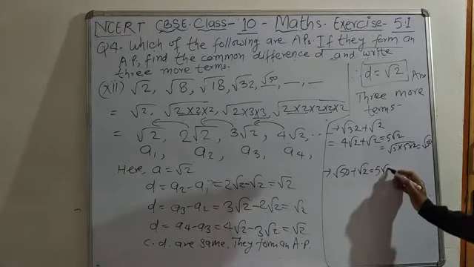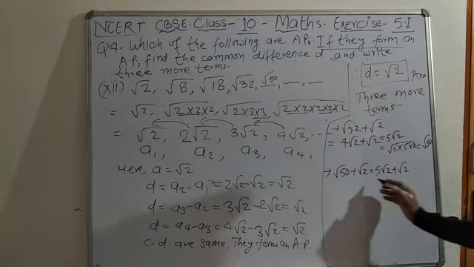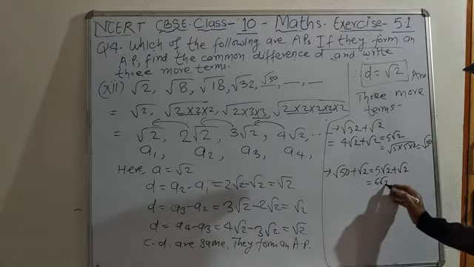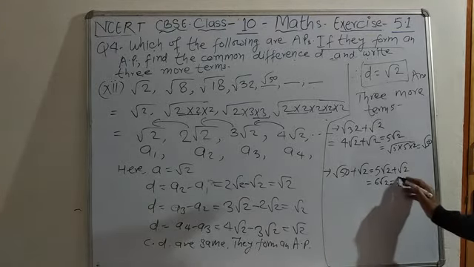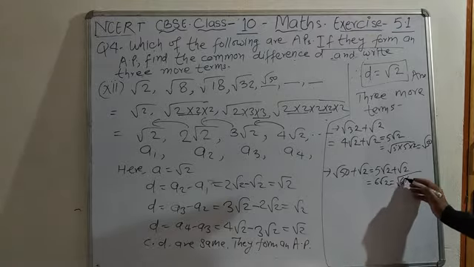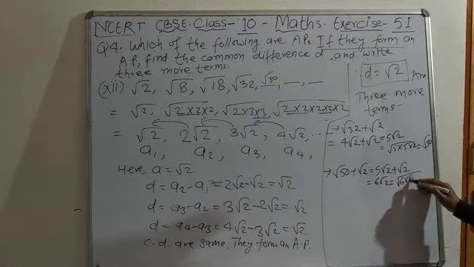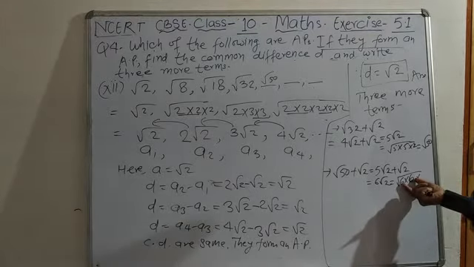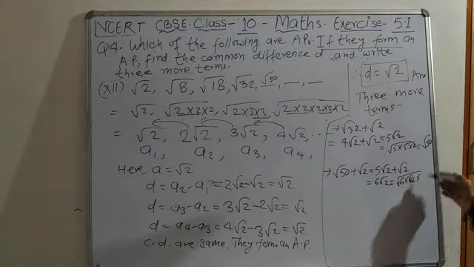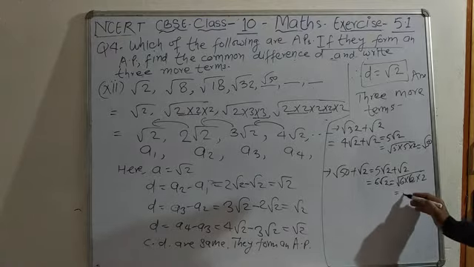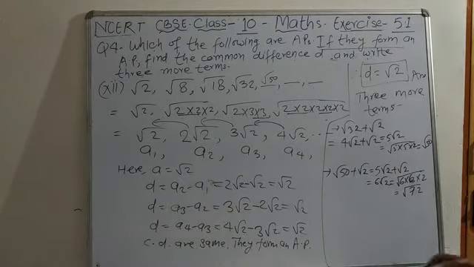So 5 root 2 plus 1 root 2 gives 6 root 2. Then 6 goes inside the root as a pair, because if you take 6 into 6 into 2, we get root 72.